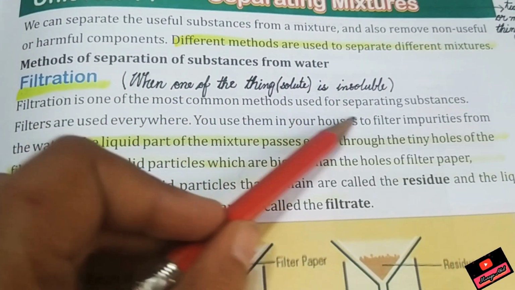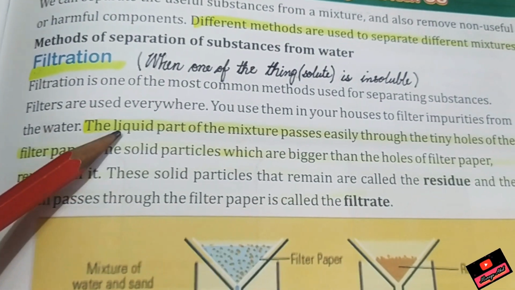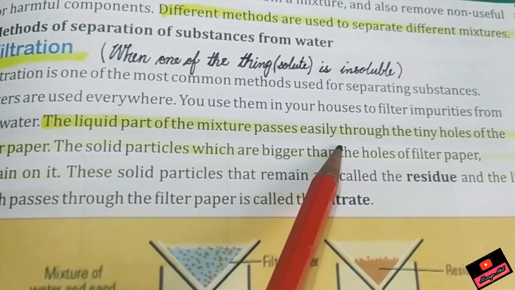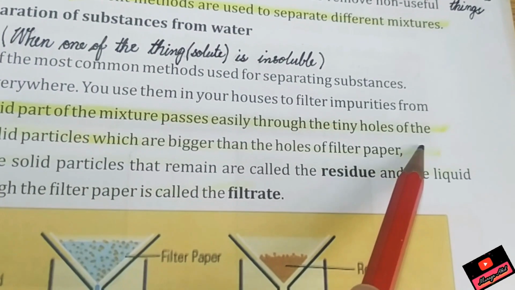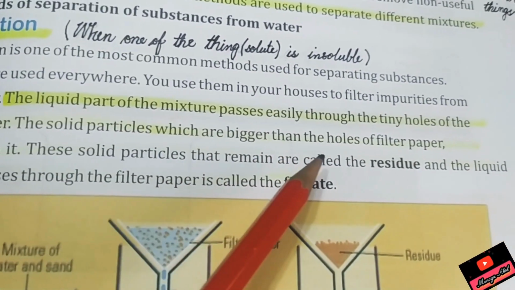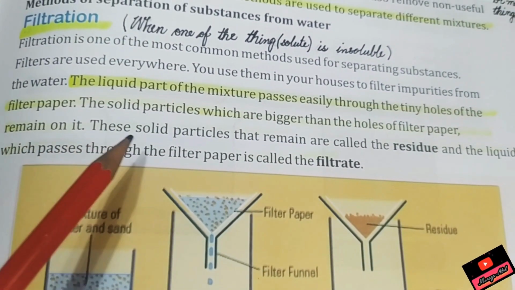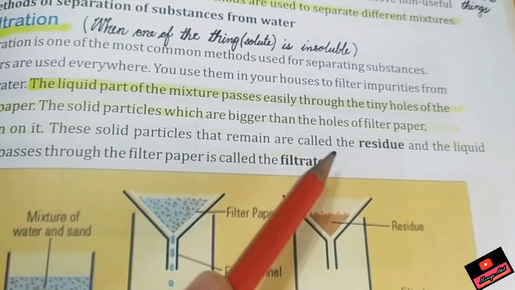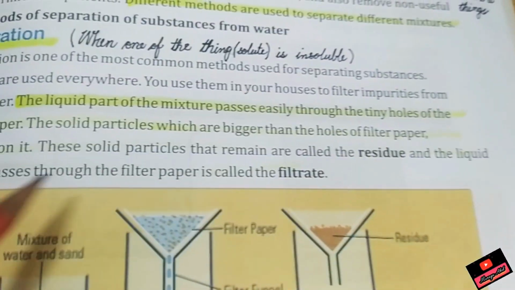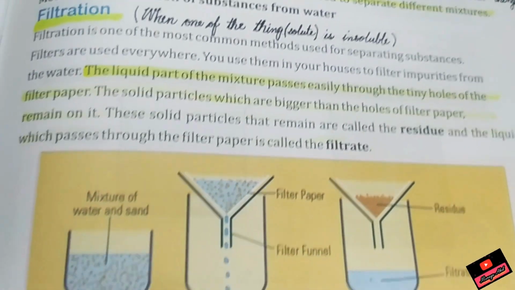What is filtration? Filtration is used when one of the things is insoluble. So the liquid part of the mixture passes easily through the tiny holes of the filter paper. The solid particles which are bigger than the holes of the filter paper remain on it. These solid particles that remain are called residue, and the liquid that passes through the filter paper is called the filtrate.